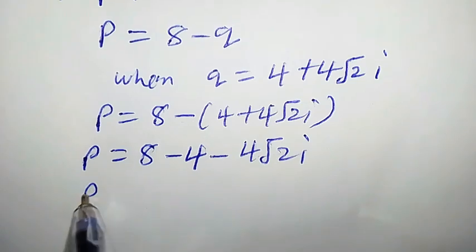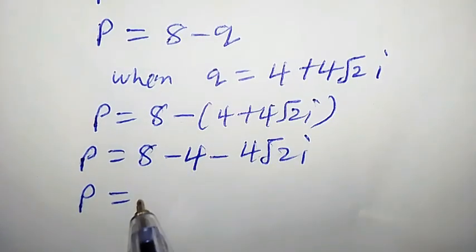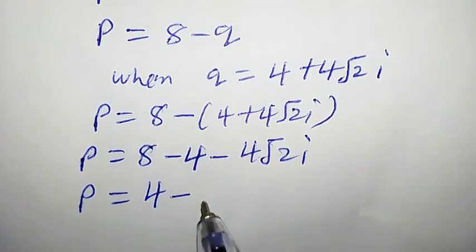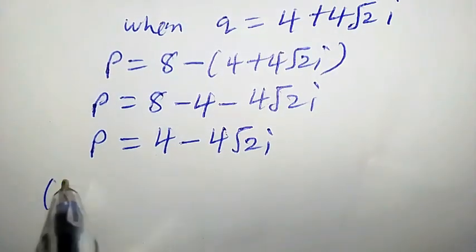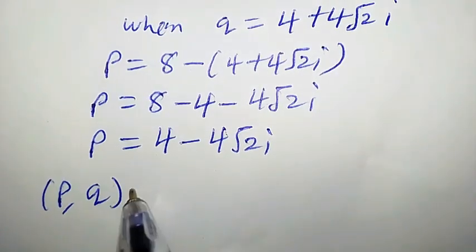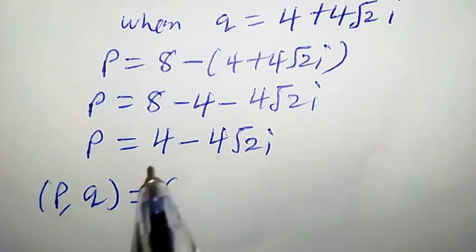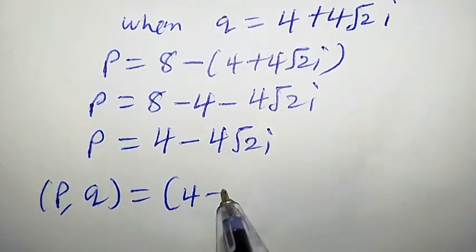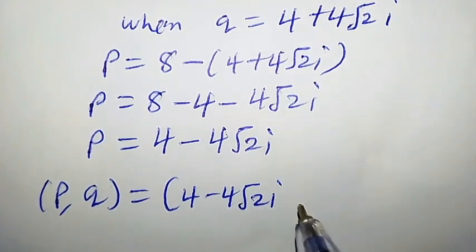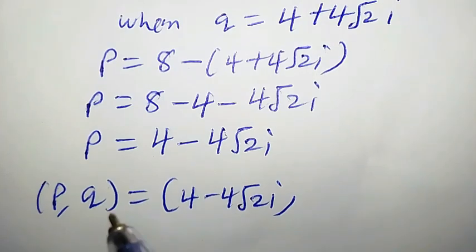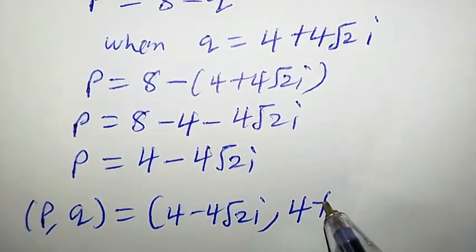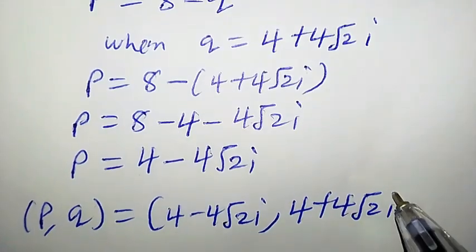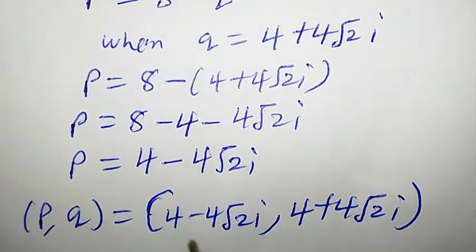So P equal to 8 minus 4, that is 4, minus 4 root 2I. Thus, the first solution, which is P comma Q, is equal to, what is P? This is P, 4 minus 4 root 2I, comma, what is Q? This is the value of Q, 4 plus 4 root 2I. This is the first solution.